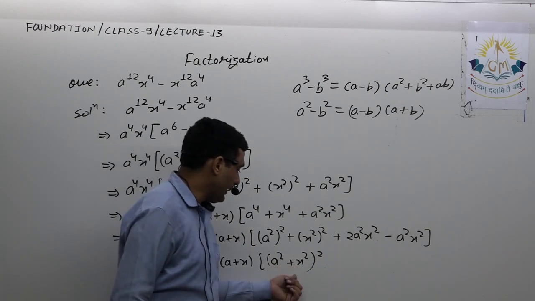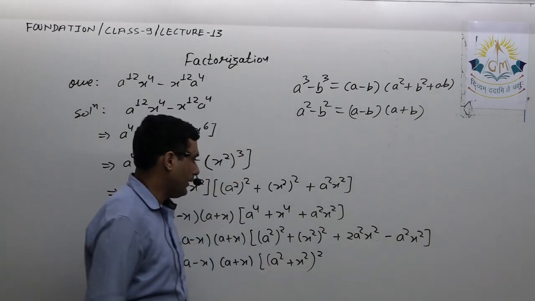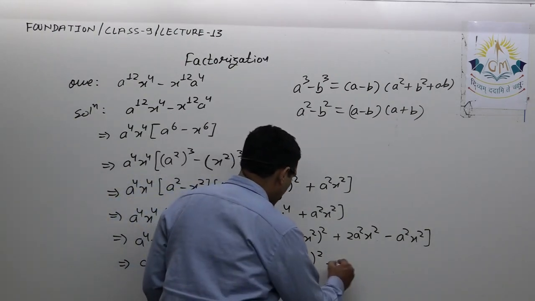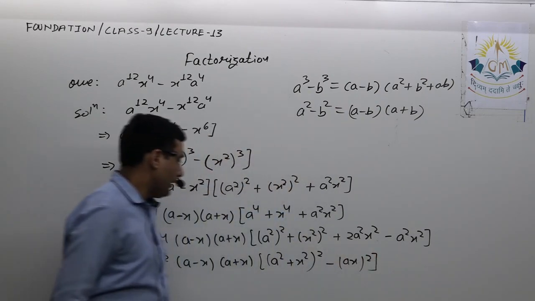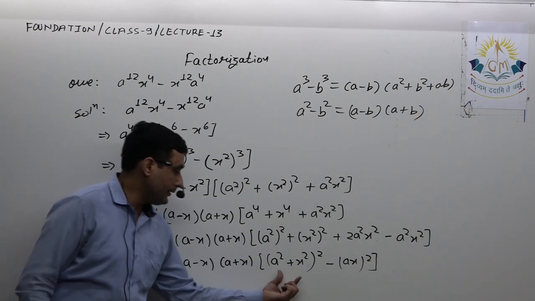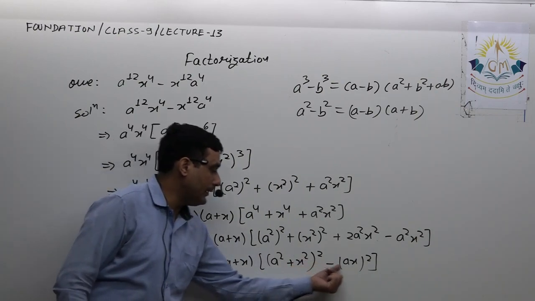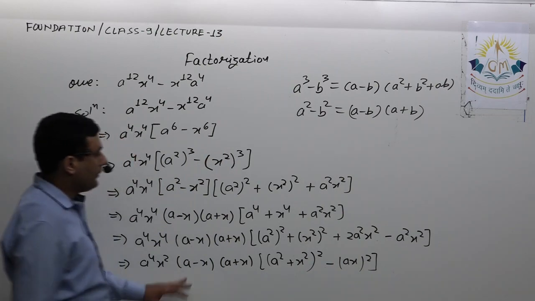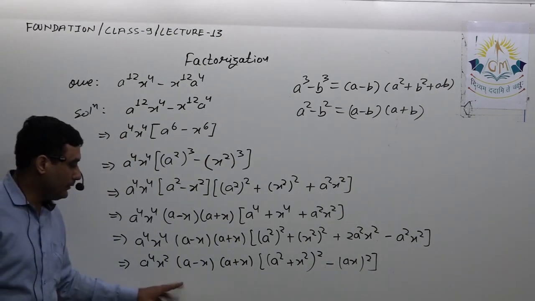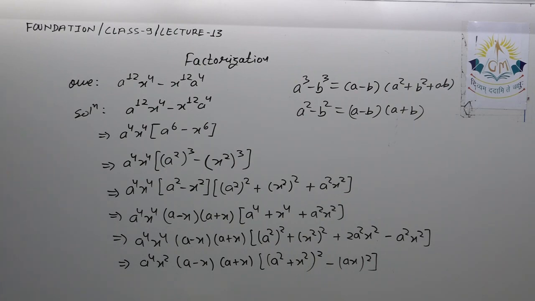A raised to 4 plus x raised to 4 plus 2a square x square minus, I can write it is ax whole square. Now again here I can apply an identity. This is a square minus b square. So note it down up to this point, then I will give you the remaining steps of this solution.